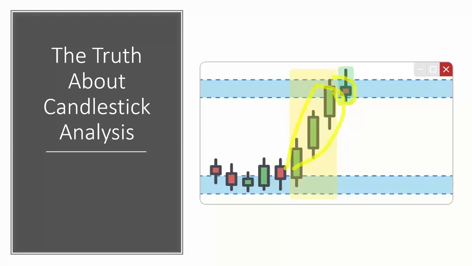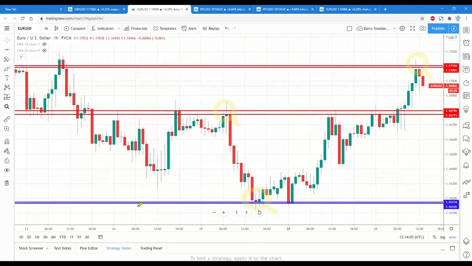It's where this indecision candle forms. The only time indecision is important to us for this strategy is when it forms in a support or resistance zone. Let's go over to a real chart, a live chart, and take a look. This is the live current Euro US dollar chart.